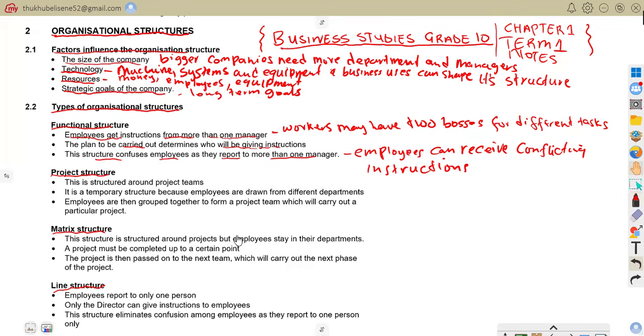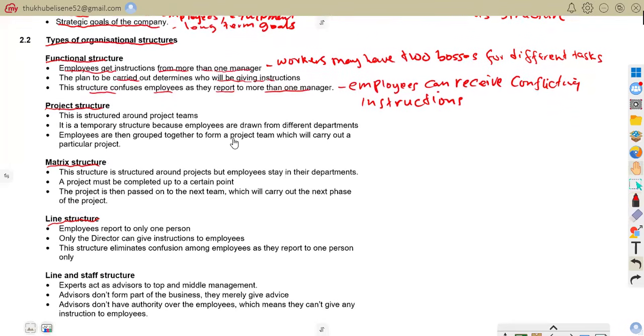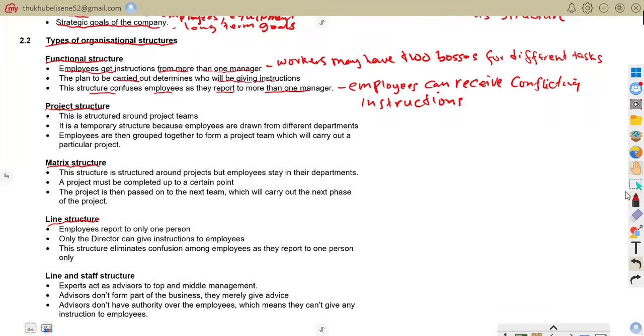Let's move on. Now we come to another structure, which is the project structure. This structure is built around projects, but employees stay in their departments.